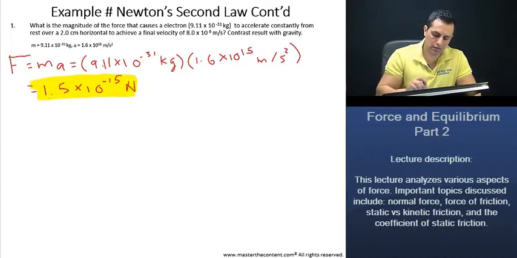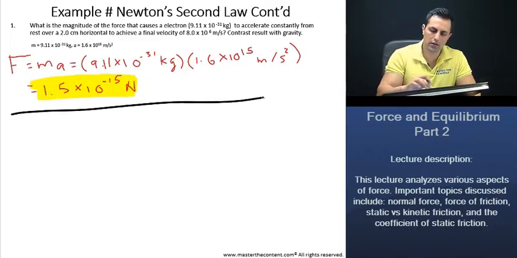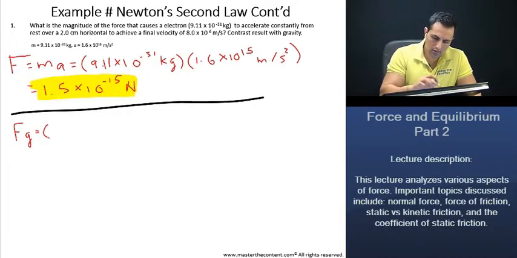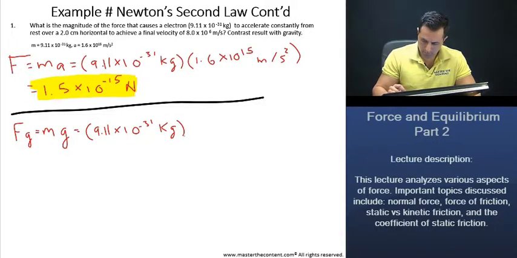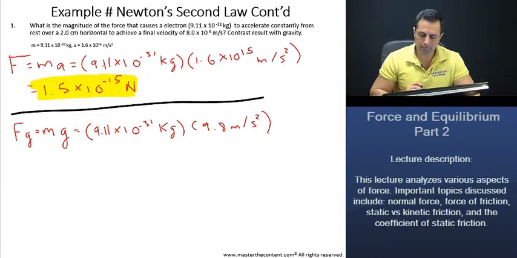Wonderful. Now, what do we need next? Next, we need to contrast this with the force of gravity. Let's take a look at what the force of gravity is going to be. It's just going to be mass times little g, recall? And mass is just 9.11 times 10 to the power of negative 31 kilograms here, times little g, which is just a constant of 9.8 meters per second squared.